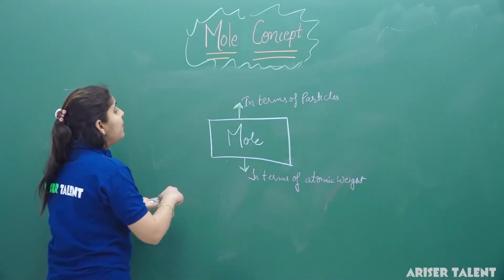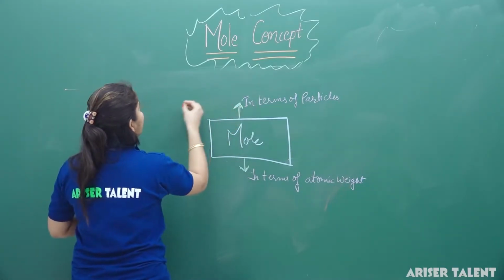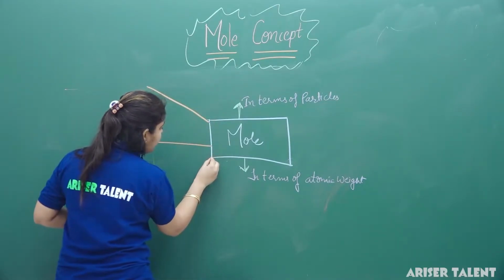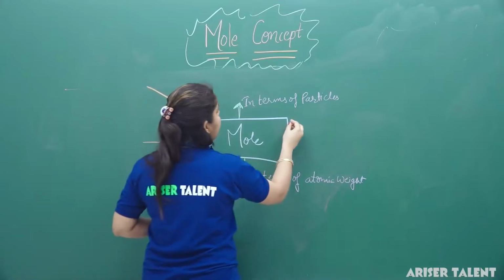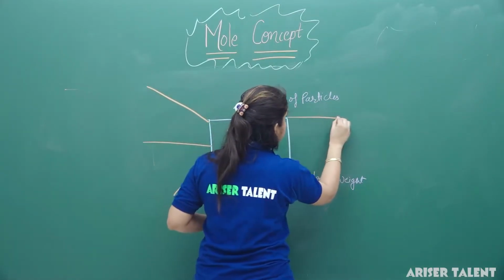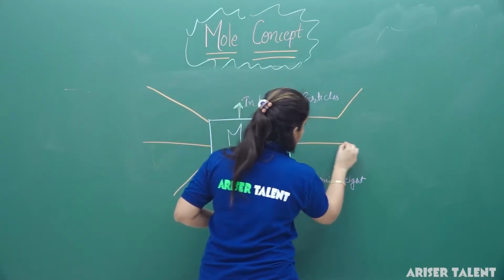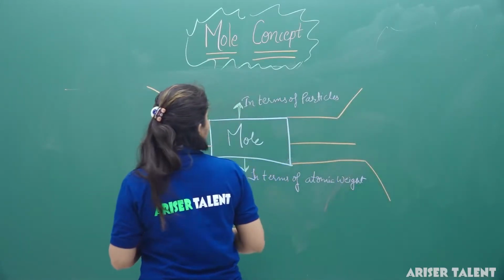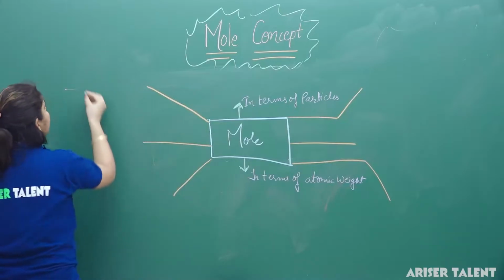So firstly, I will define here in terms of particle. In terms of particle, we have three categories here, and similarly, in terms of atomic weight, again we have three quantities here.